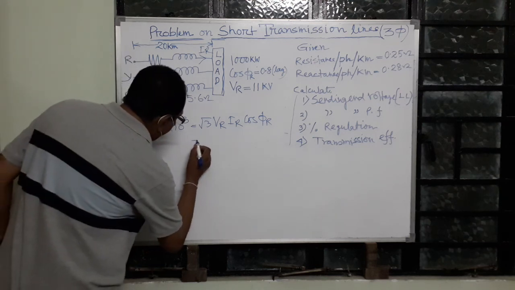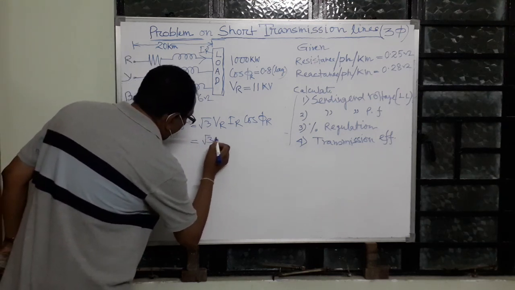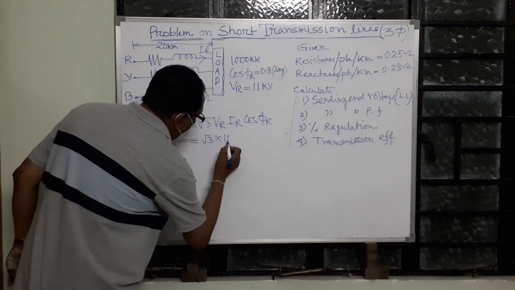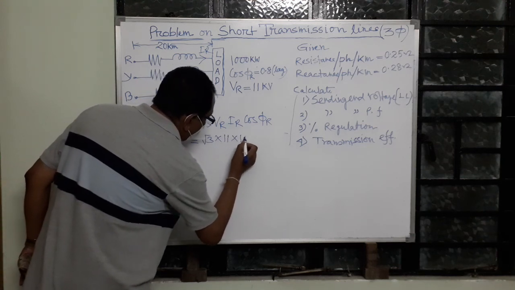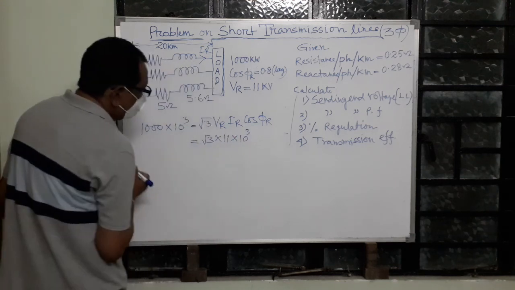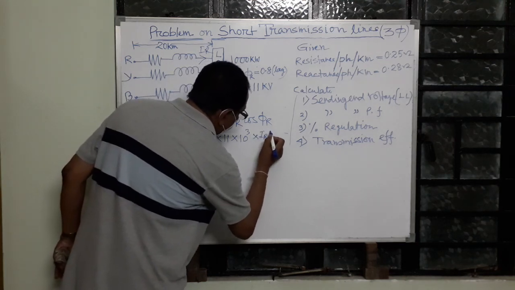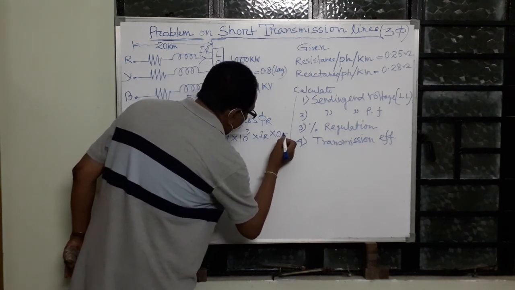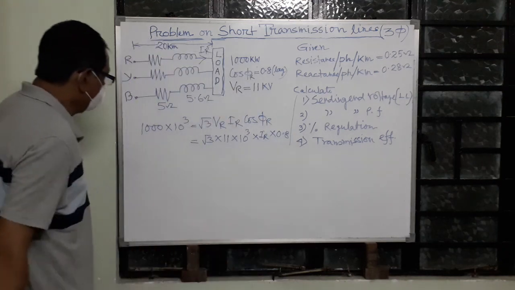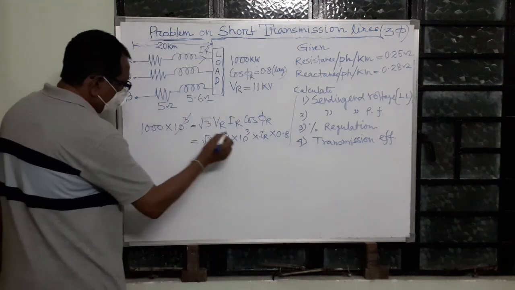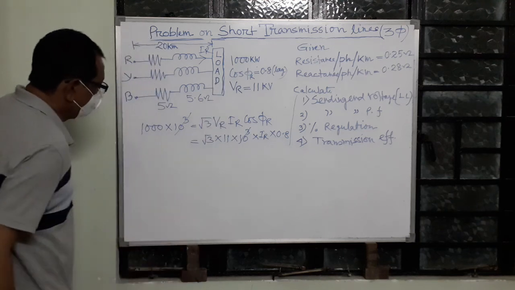So putting this value: √3 into 11 into 10 to the power 3 volt, multiplied by IR, multiplied by 0.8. This cancels 10 to the power 3.